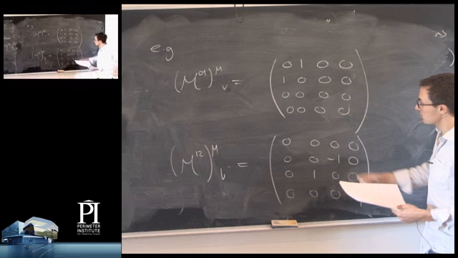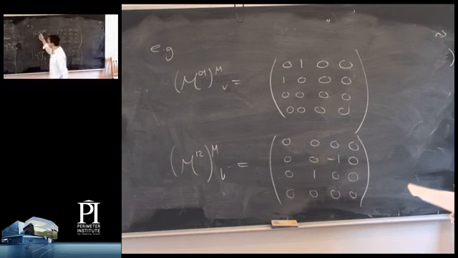Okay, so here's 2 examples of the matrices. All I've done is I've picked 0 and 1, I've plugged it into here, I've plugged it into here, and I've figured out which elements are non-zero.